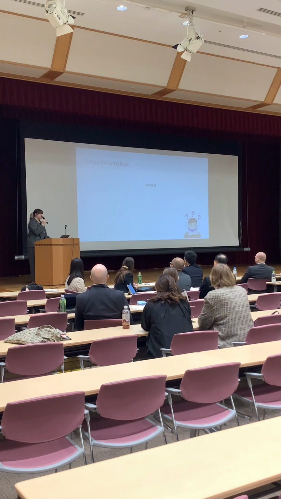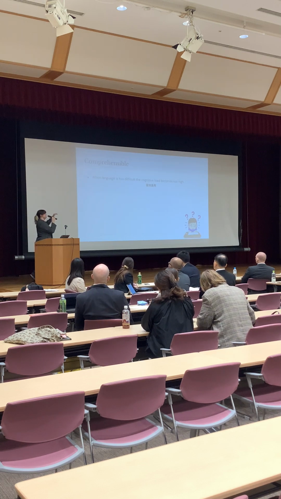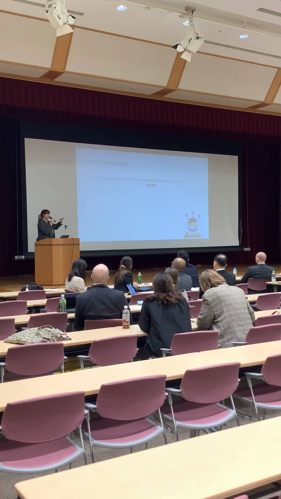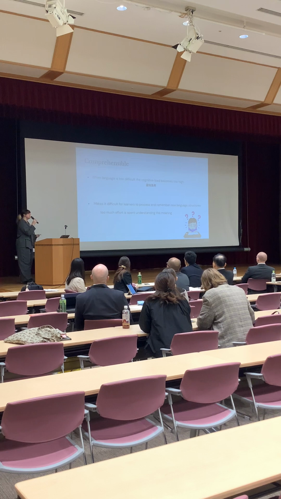So when things are not comprehensible, when language is too difficult, we know that the cognitive load becomes too high, right? Which means that it's difficult for our learners to process and remember new language structures because too much effort is spent understanding the meaning. So if we do want our kids to be getting some new vocabulary and some new grammar, they just can't do it because they can't even understand the basics of the text.